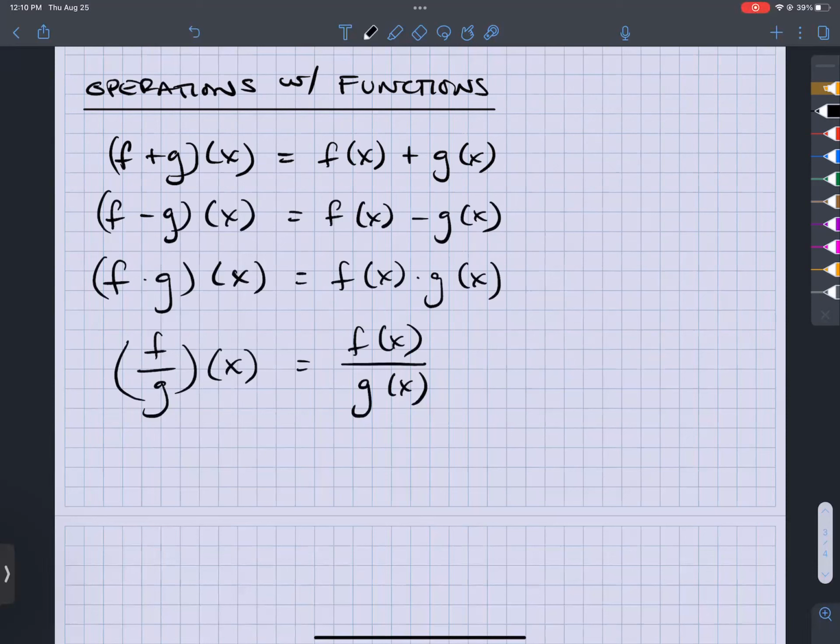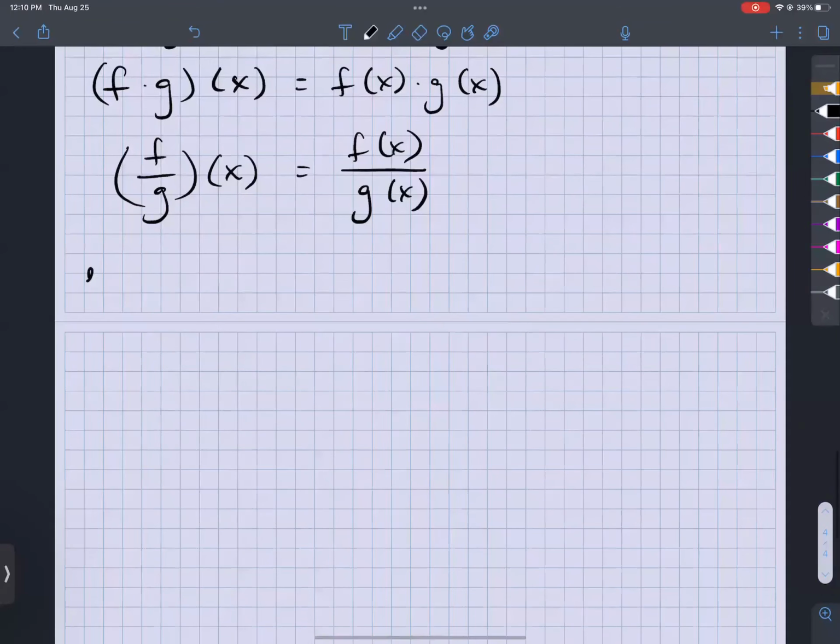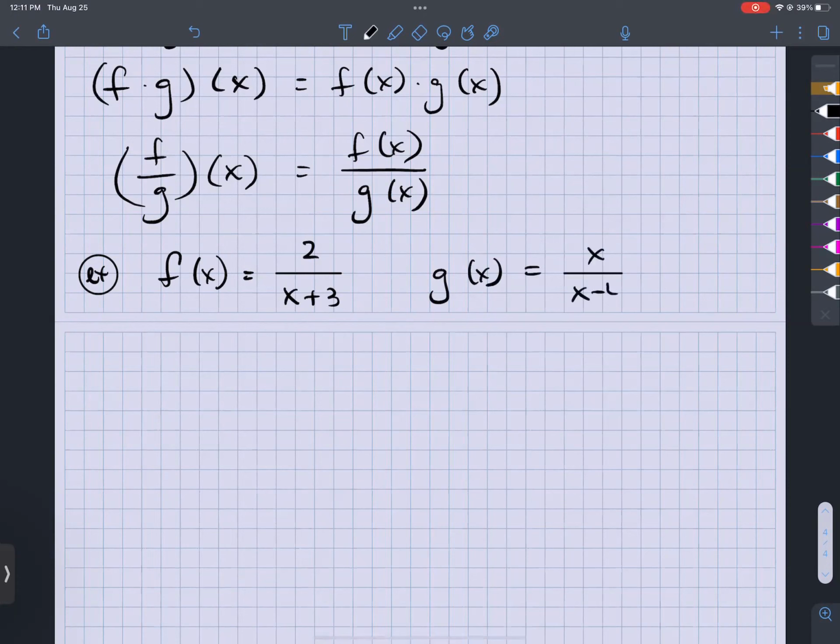So let's just do a quick example. Let's say that f of x is equal to 2 divided by x plus 3, and g of x is equal to x divided by x minus 4.